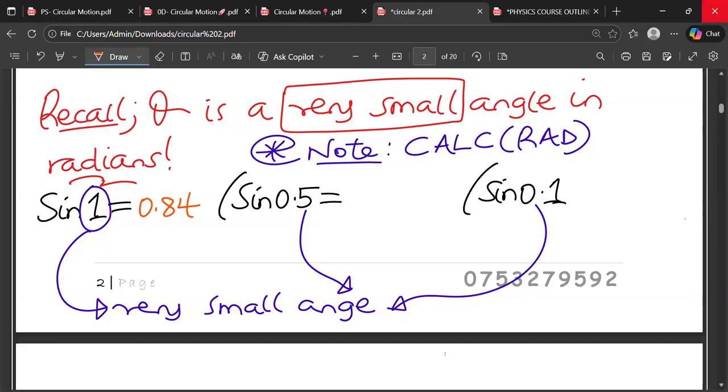Then the next, 0.48. You can say this is 1 point. I think this one is the same.